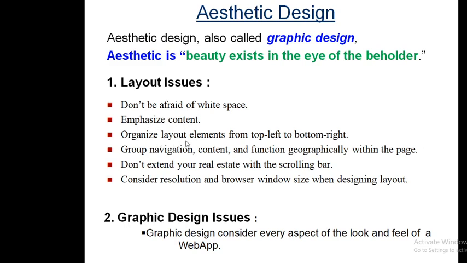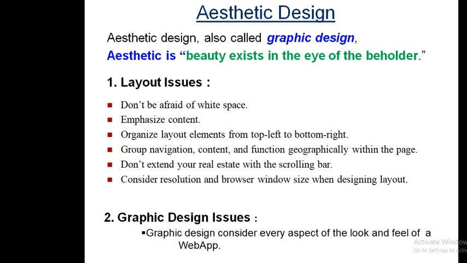Then the third one is organize the layout elements from top left to bottom right. That means whenever you are representing your web application, to provide a good look, you must represent everything from the top left side to the bottom right side. Why? Because it is human nature.